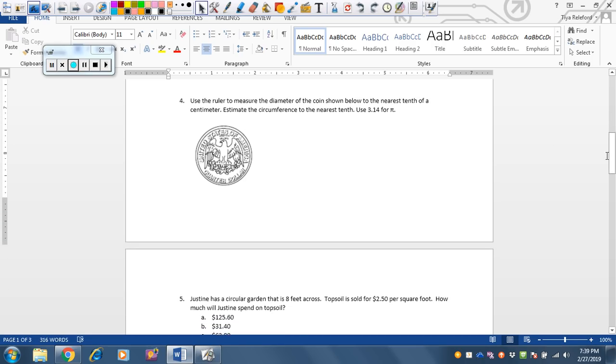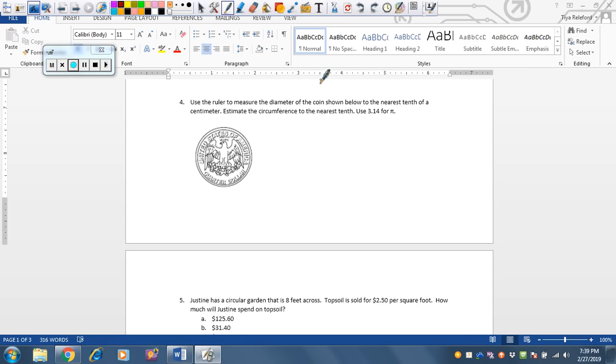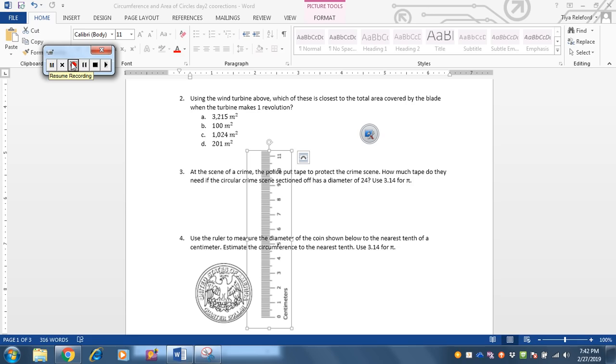Okay, number 4 says to use the ruler to measure the diameter of the coin shown below to the nearest tenth of a centimeter. And then it wants you to find the circumference. So first we have to pull out our reference chart. So make sure your ruler is the centimeter ruler. And you're not going to be able to be perfect on this.